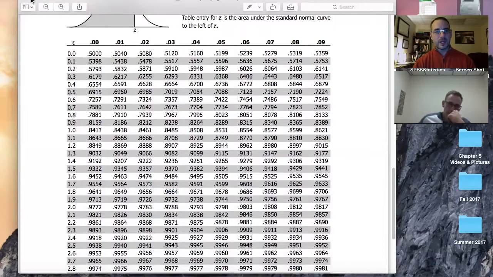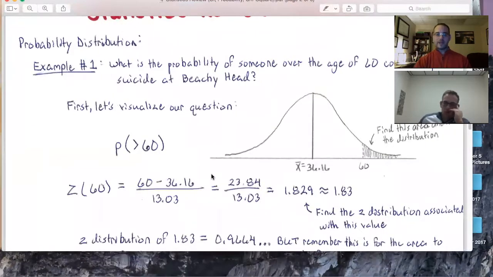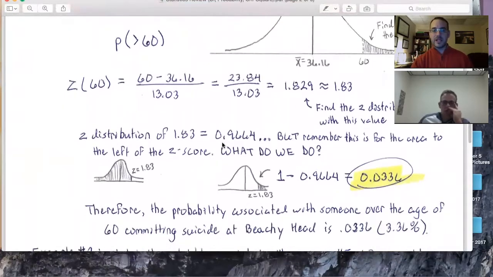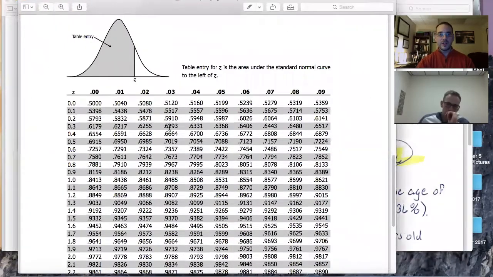That is the value we put back in here: our z distribution of 1.83 is equal to 0.9664.